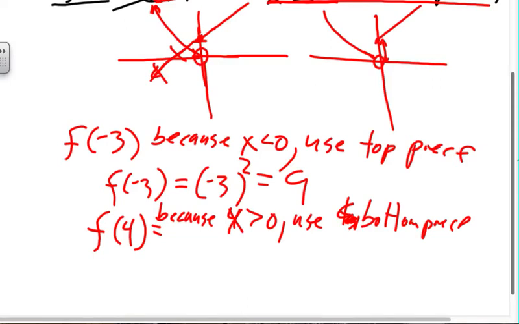So f of 4, I'm going to use the bottom piece, and that was 4 plus 1, which will give me 5. So remember, you only work with these things where they are defined in your piecewise function.